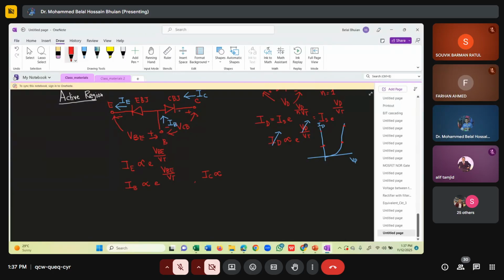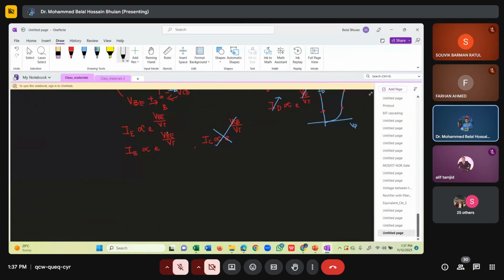VCB, IC is proportional to e to the power VCB by VT. It looks like this. Interestingly, it is wrong. Number one, IC is also proportional to e to the power VBE over VT.